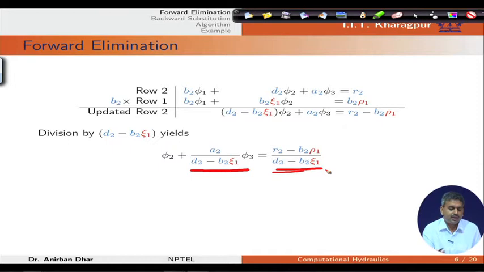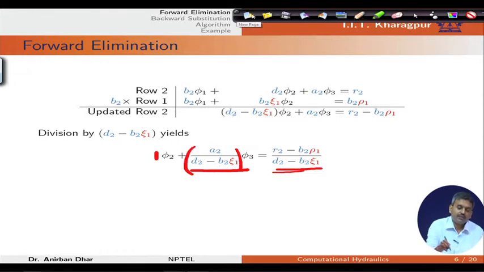Our objective in this case is to convert the diagonal term to a value of 1 as coefficient, and we are storing this thing.